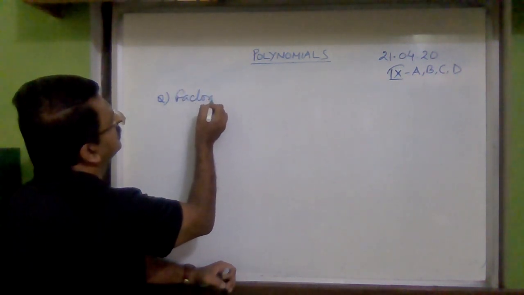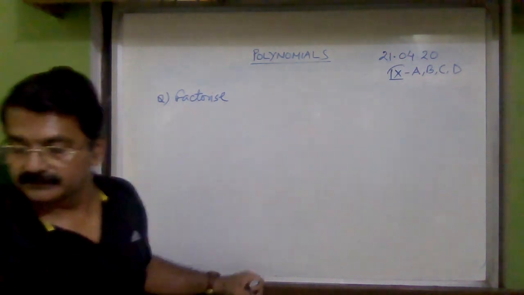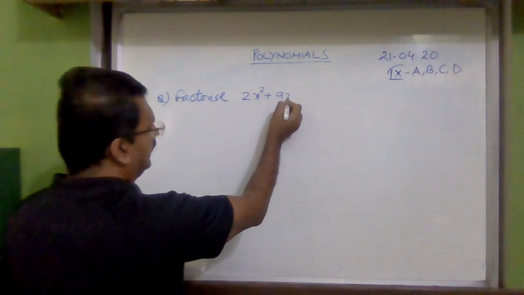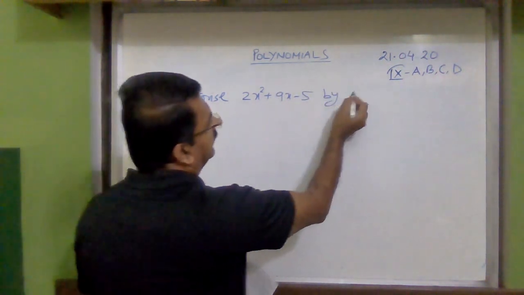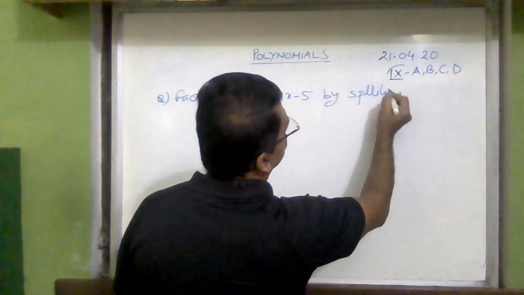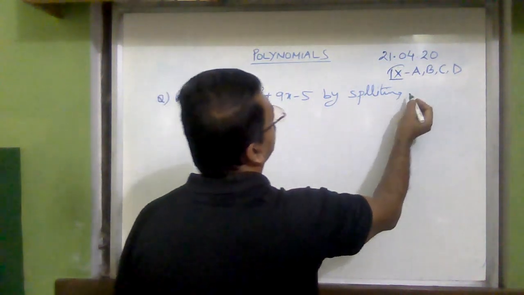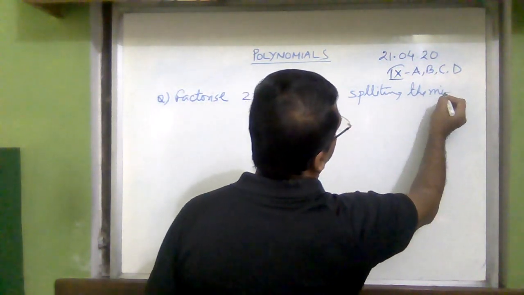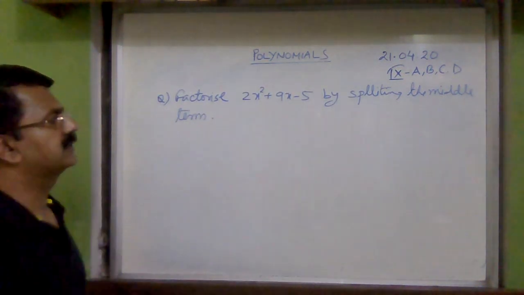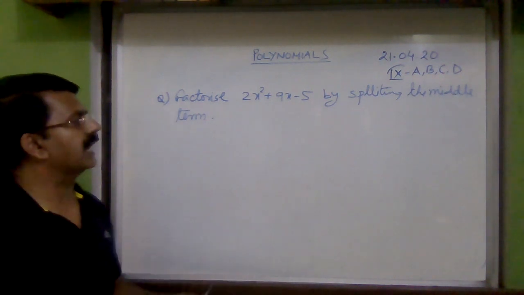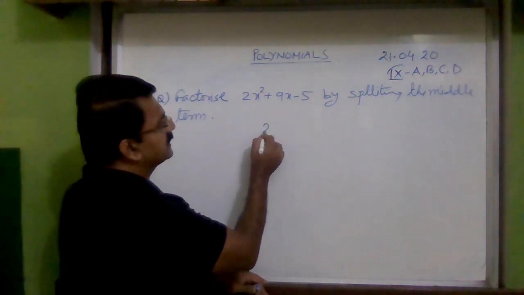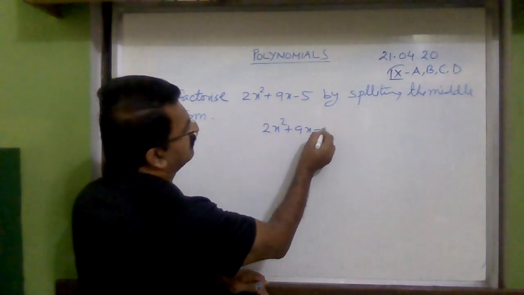Factorize 2x square plus 9x minus 5 by splitting the middle term. Factorize 2x square plus 9x minus 5 by splitting the middle term. So 2x square plus 9x minus 5.